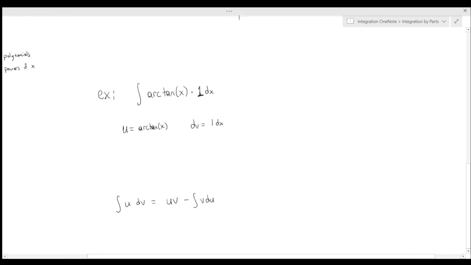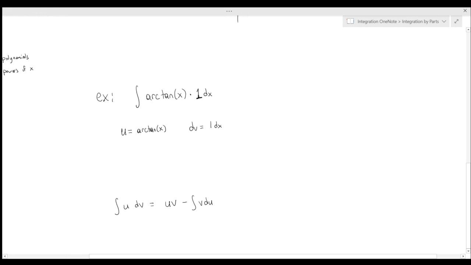Okay. So we have our u and our dv. So du, the derivative of arctangent, remember that was 1 over 1 plus x squared. And then here the integral of 1 would just give me an x.